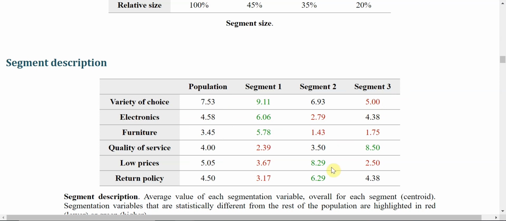So we can make a targeting decision using this table. The simple way to make a targeting decision is using the fit between market and product.